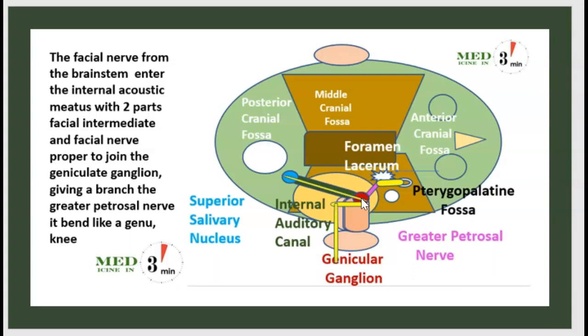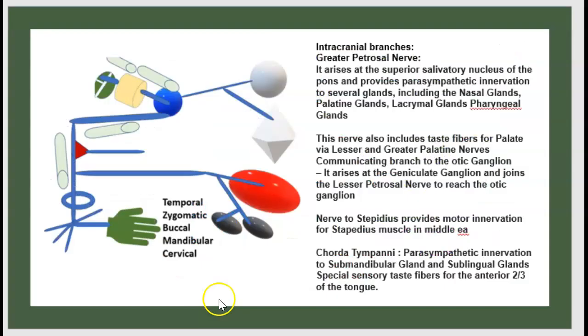From the geniculate ganglion there is a fiber coming to the foramen lacerum as the greater petrosal nerve before they go to the pterygopalatine fossa.